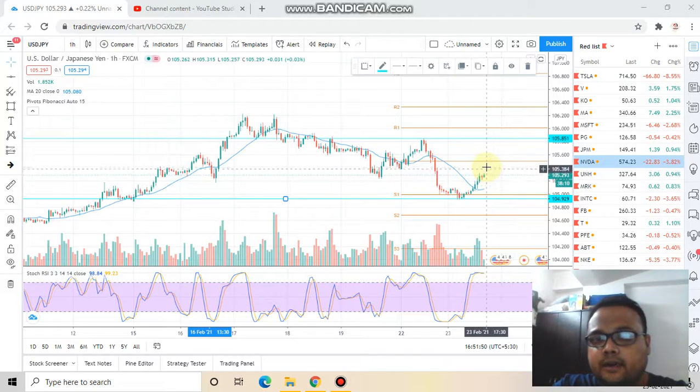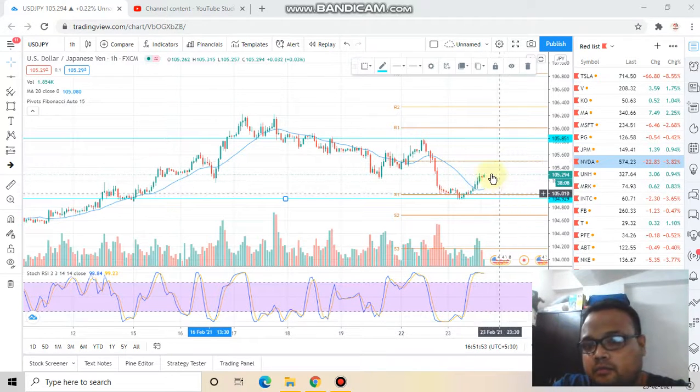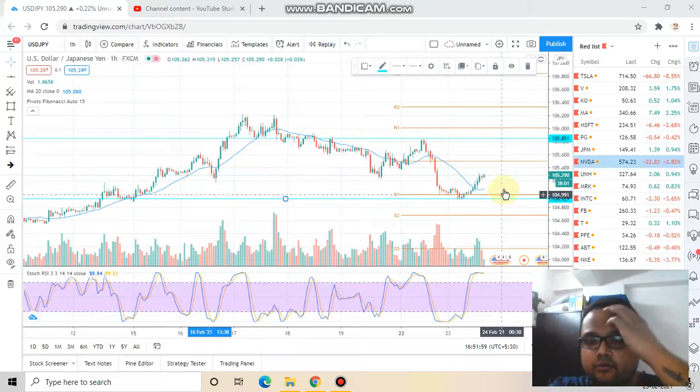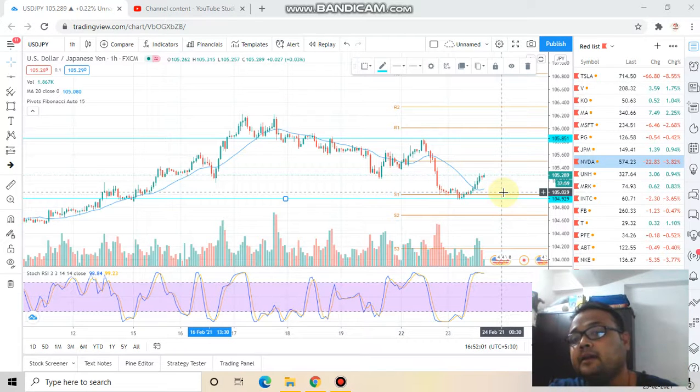So here if you get USD Japanese yen at 105 level or 104.92 level, you can buy. If you see reversal or price rejection from below, then only you should go ahead and buy.